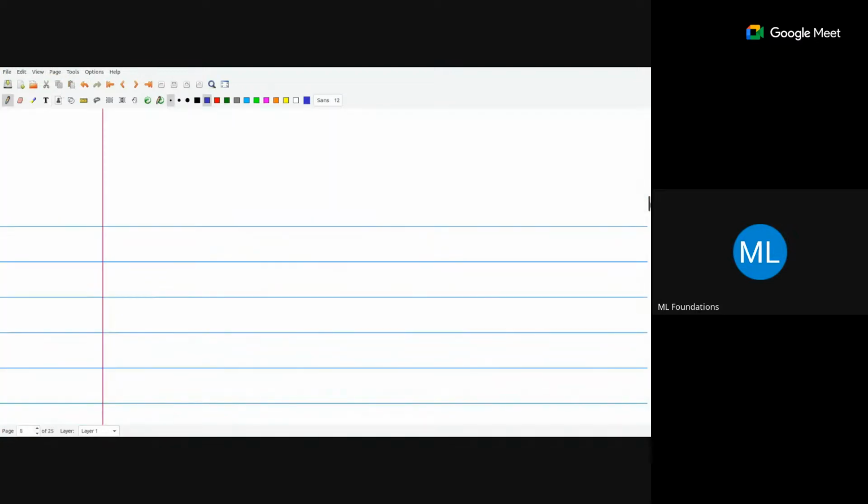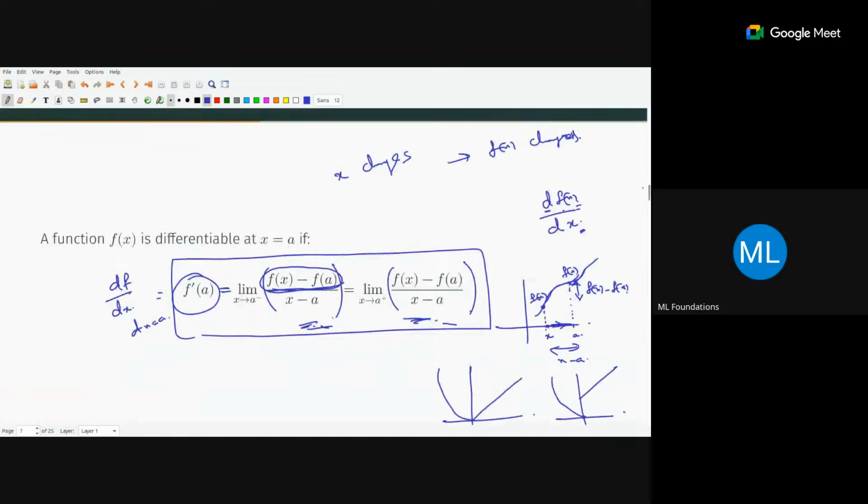But understand differentiability. I am explaining differentiability in a more theoretical way because even though you have finished Maths 1 and Maths 2, we see that many students are still facing problems in understanding differentiability and continuity.